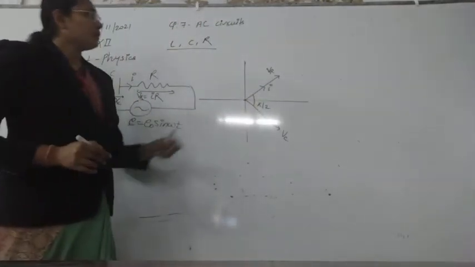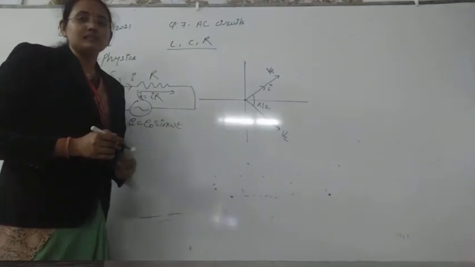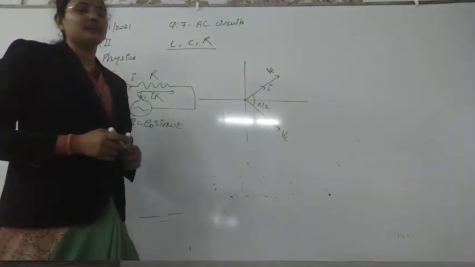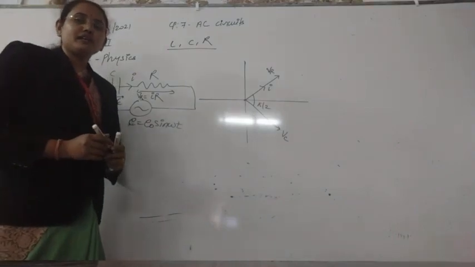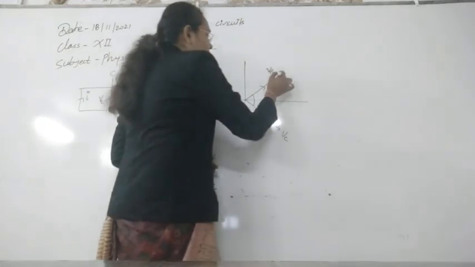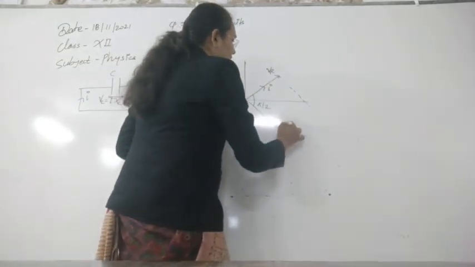So we can see now we have two vectors VR and Vc. These two vectors are at an angle pi by 2. So we can find their resultant by using the vector law of parallelogram, and for that we need to draw a parallelogram here.